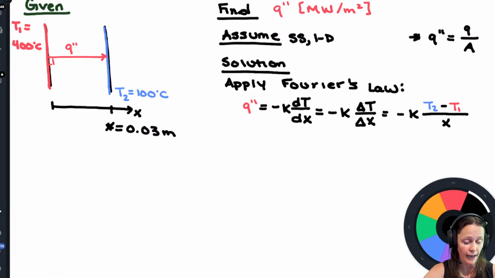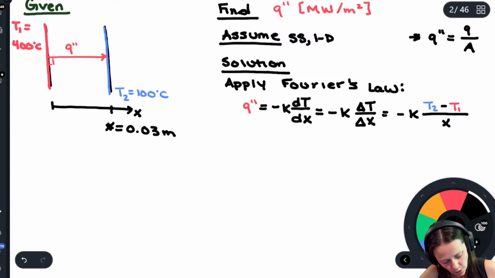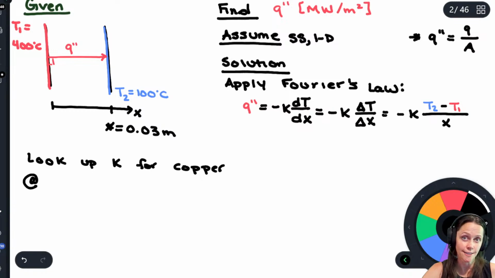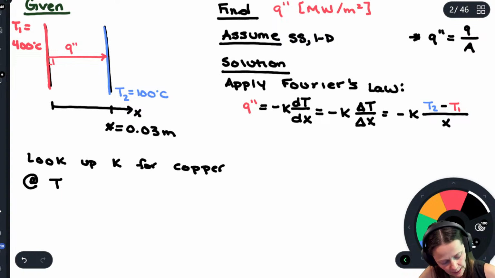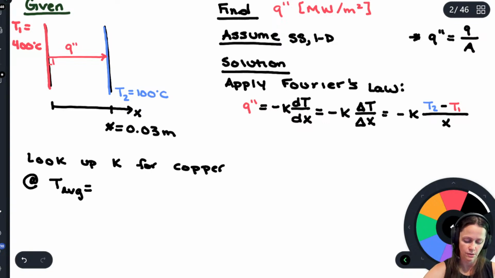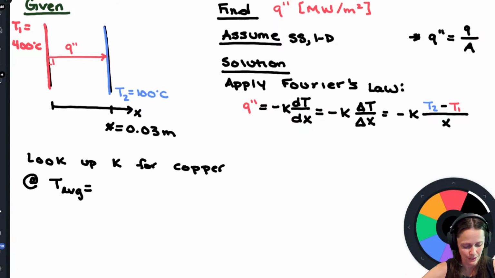All right, so I have everything there. The only thing that I don't have is that k, so I'm going to look that up, k for copper. And remember I said that it's temperature dependent. Since it is temperature dependent, we need to think about what temperature we're going to use. We're going to use just the average temperature of the plate.